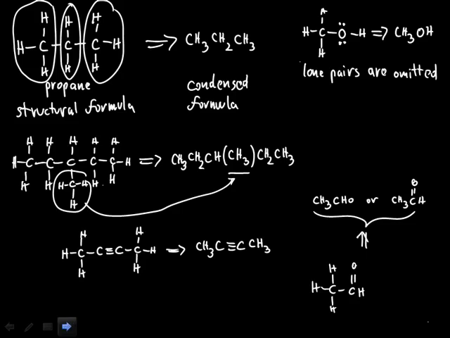But guess what? Chemists actually think that even this is a little too hard, and they introduced a completely geometric form of drawing molecules called the so-called line angle formulas. In this representation, bonds are represented as lines.